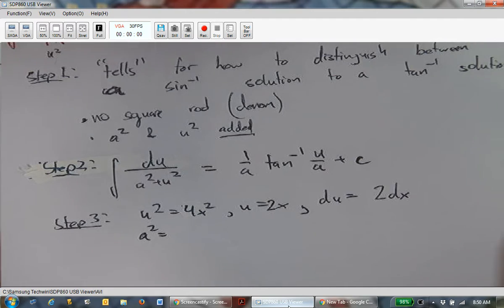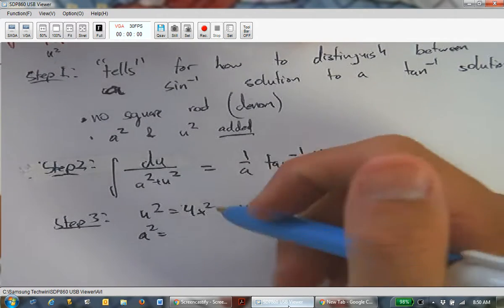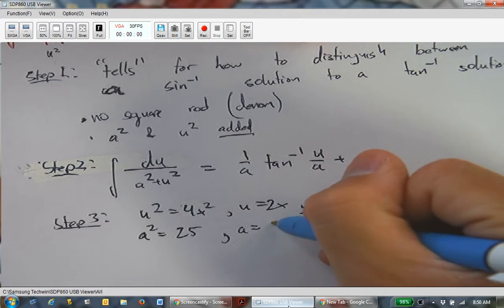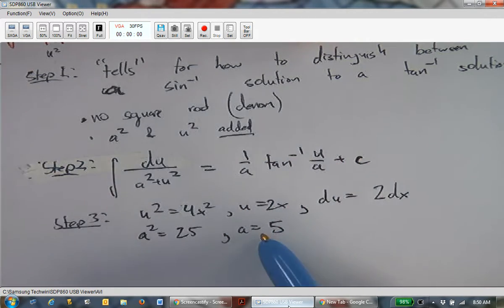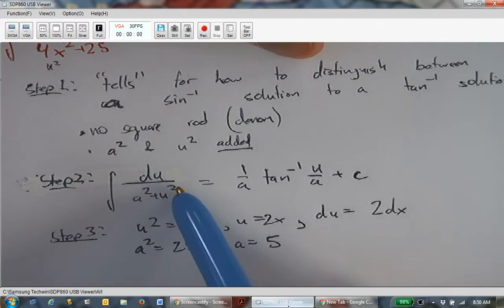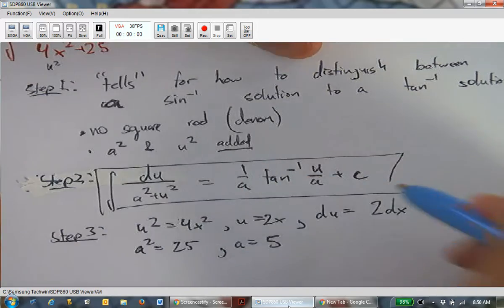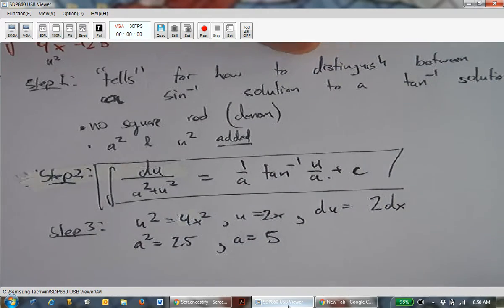Yeah, it's implicit differentiation, but not only that, you're going to see why your answer is not 1 over 5 at the end. It's 1 over 10. So a squared is going to be equal to 25, making a simply 5. There's no reason why you should take a or dA because the problem never has dA. It only has these terms in here.